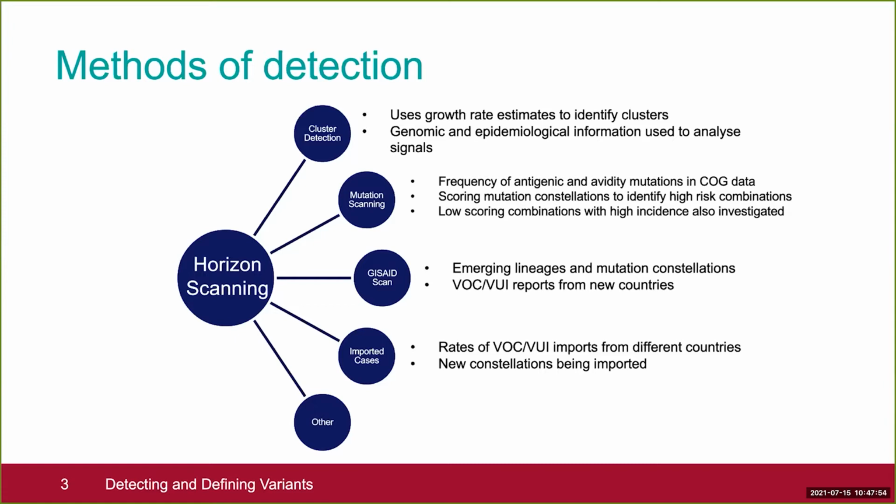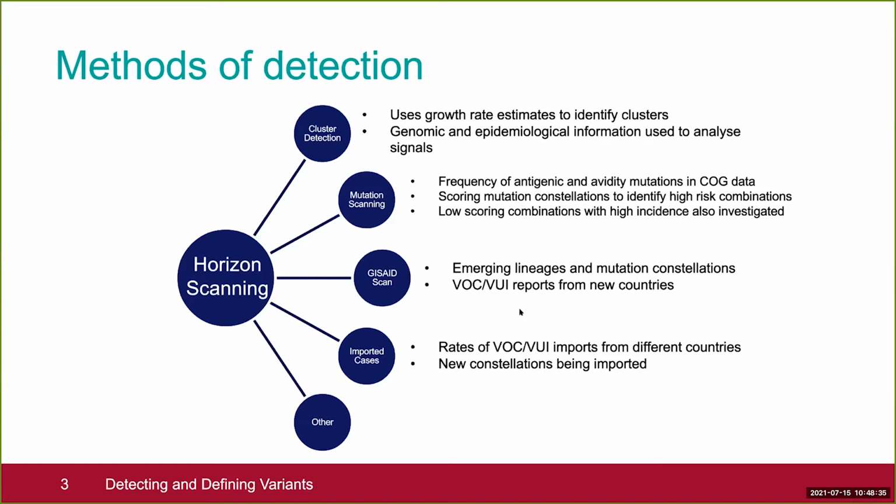We also have a process for scoring constellations of mutations, so they have a numeric value depending on the impact that we think they'll have. The combination of those numeric values gives us an idea of how high a specific sequence would rank compared to the variants we're already monitoring, so that we can spot something new that looks like it would have a similar level of concern to something we're already monitoring.